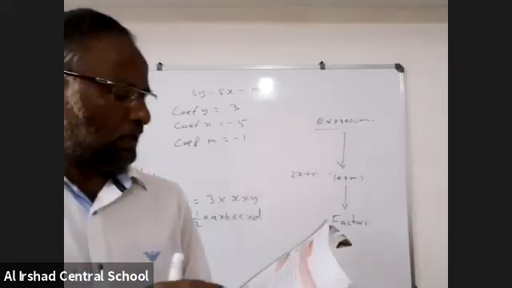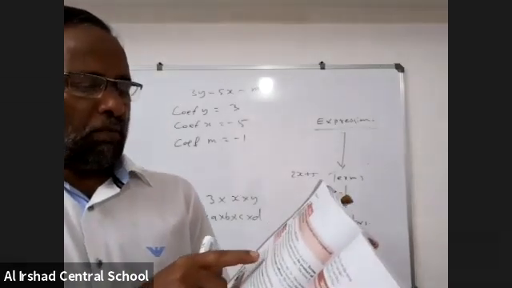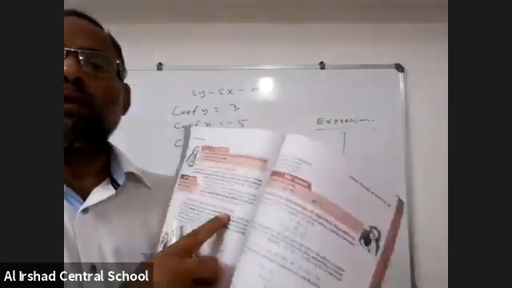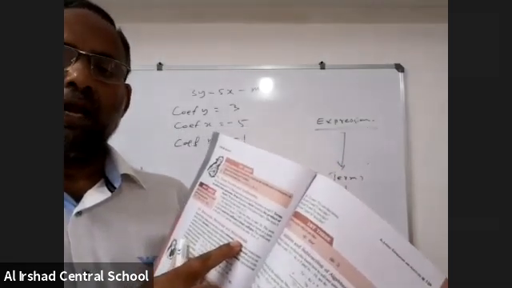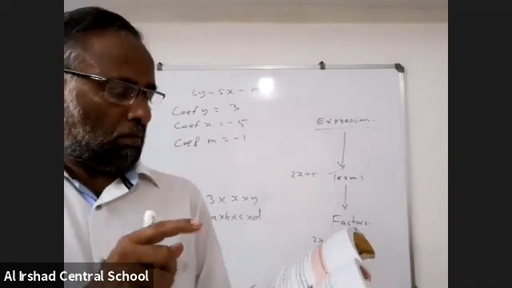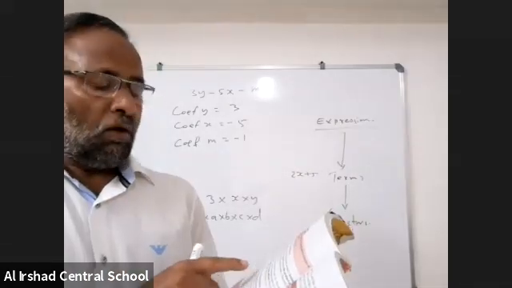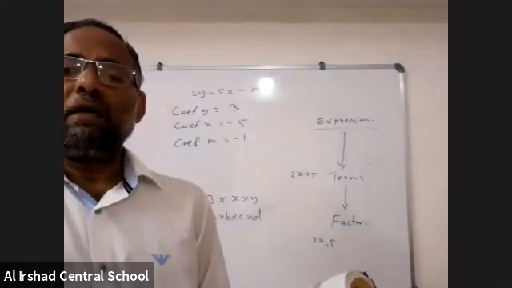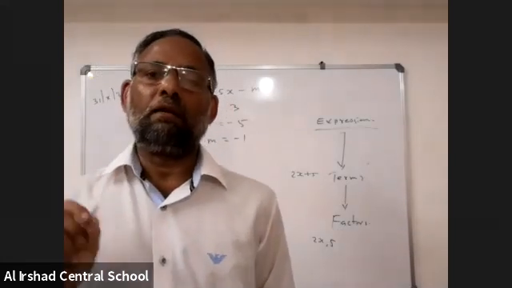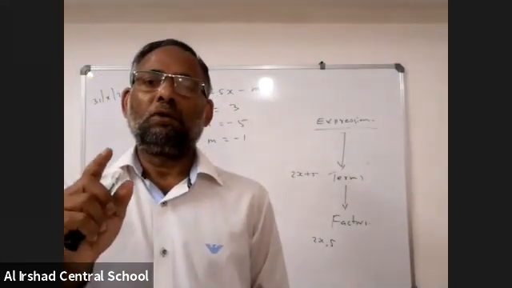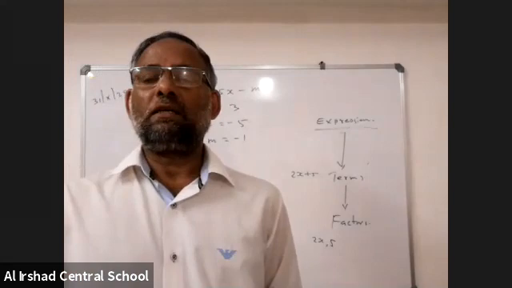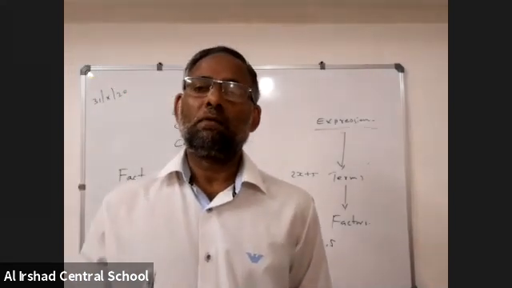Okay. Now, all of you look here. 9.3 monomials, binomials and polynomials. The difference is not a big matter. Monomial: one term. An expression with one term is a monomial. XYZ is a monomial.